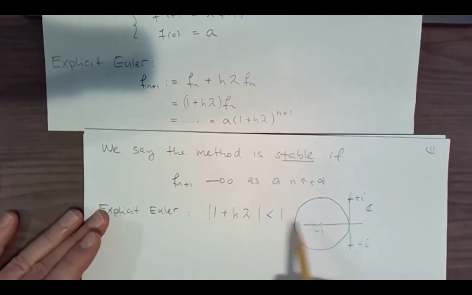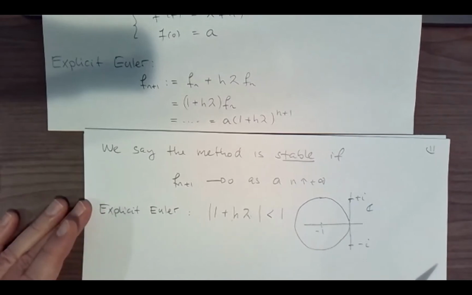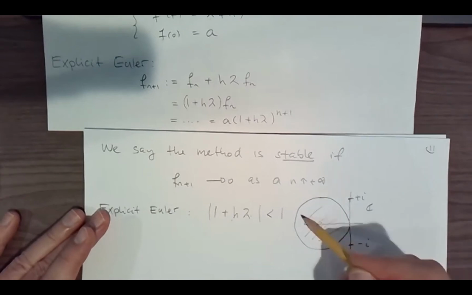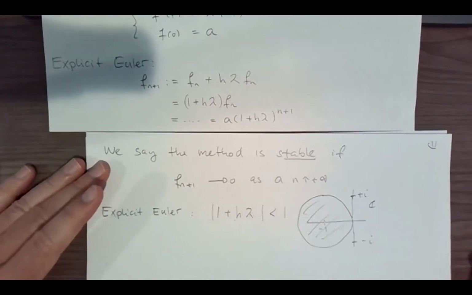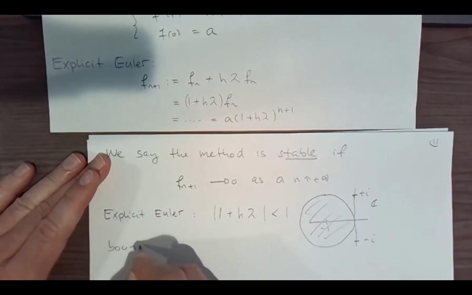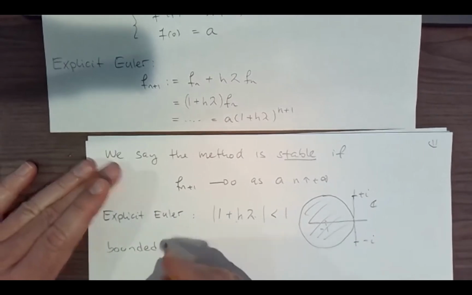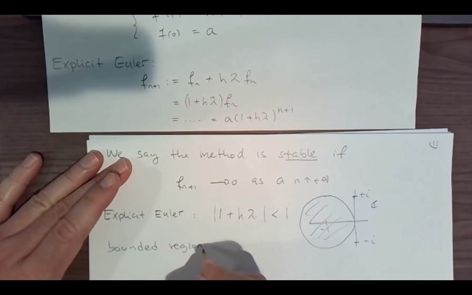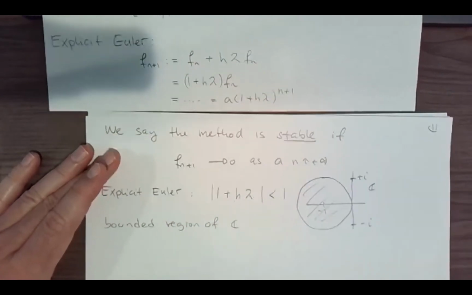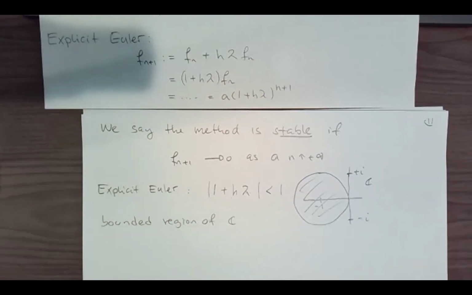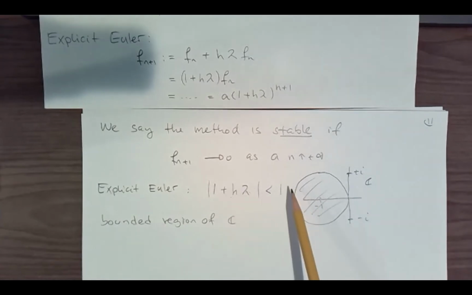So when h lambda is inside here, we are small. So this is a bounded region of C. So in other words, you need your time step to be so small that this one here is less than 1.